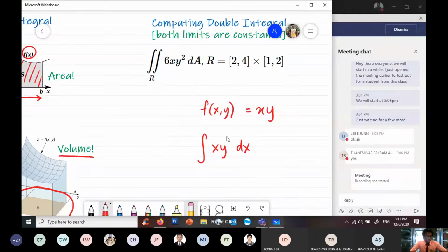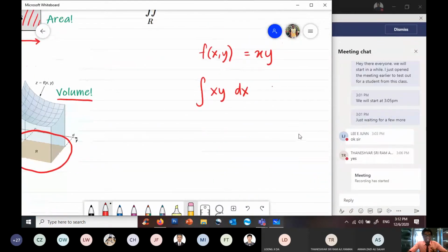Now you have x and y inside it, but I ask you to integrate with respect to dx only. If you are integrating with respect to x, this is the important part: keep your y as a constant. If you integrate with respect to y, then your x is a constant. All the other variables apart from the one that you are integrating right now are just constants.